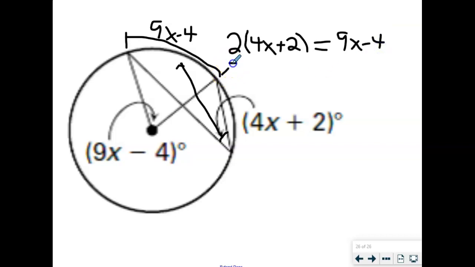Now, using distributive property, I have 8x plus 4 equals to 9x minus 4. We got the larger x on the right side, so we're going to bring the 8x over.